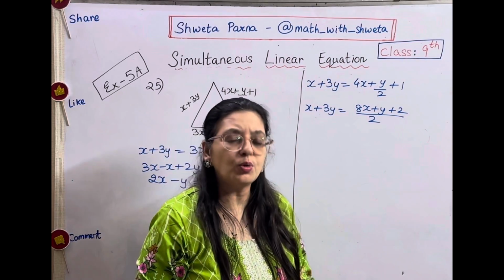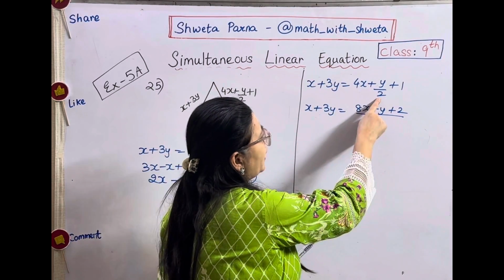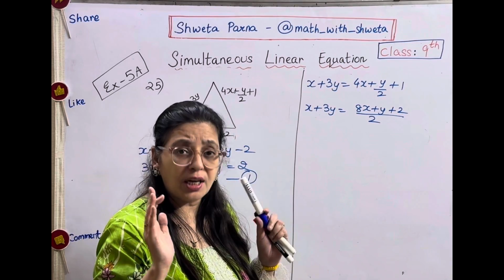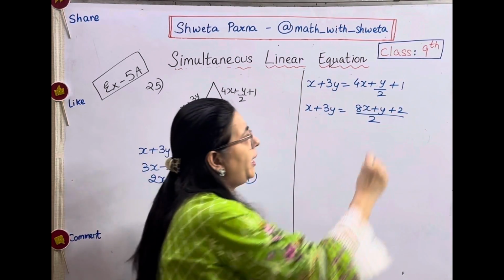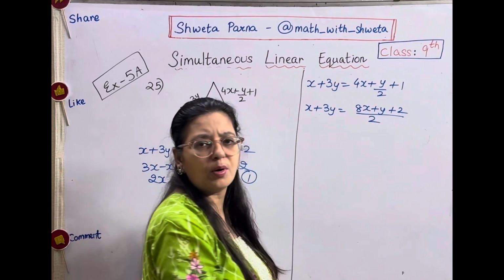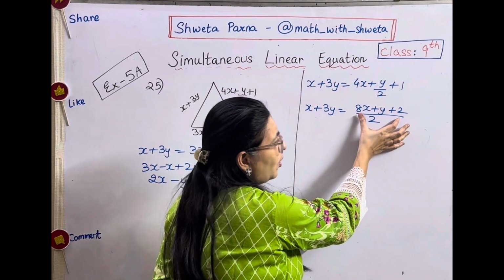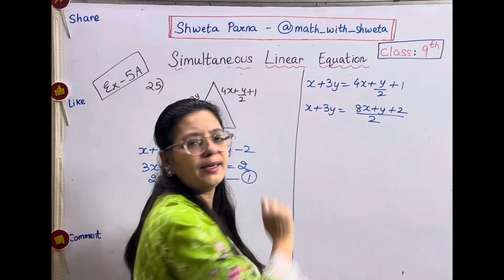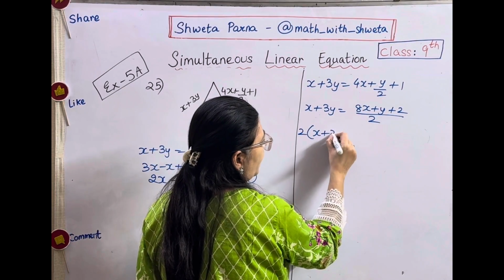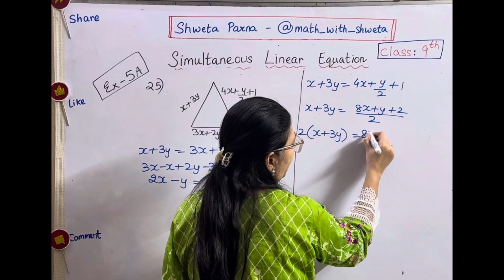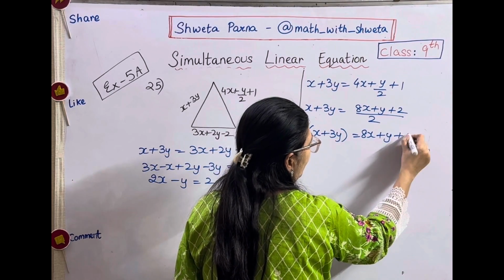Children, I have seen most of the kids make this mistake. They will take this 2 here and multiply. You cannot do it. It's not the whole upon 2. It is just this term which is upon 2. Understood? If it were the whole upon 2, then only you could take this. So this will become 2 into x plus 3y is equal to 8x plus y plus 2.